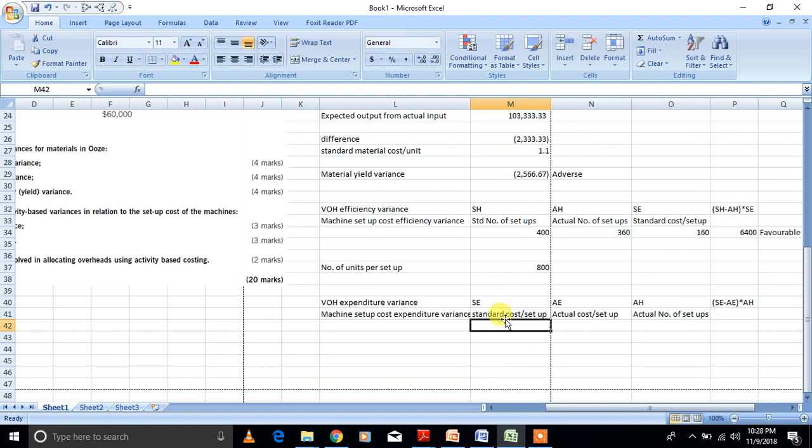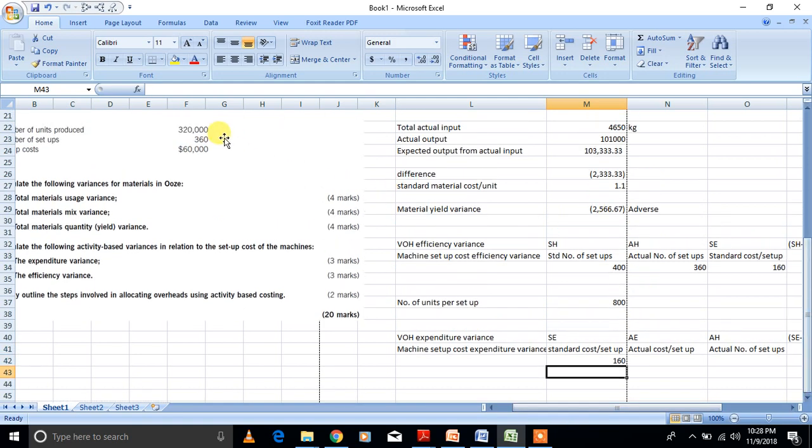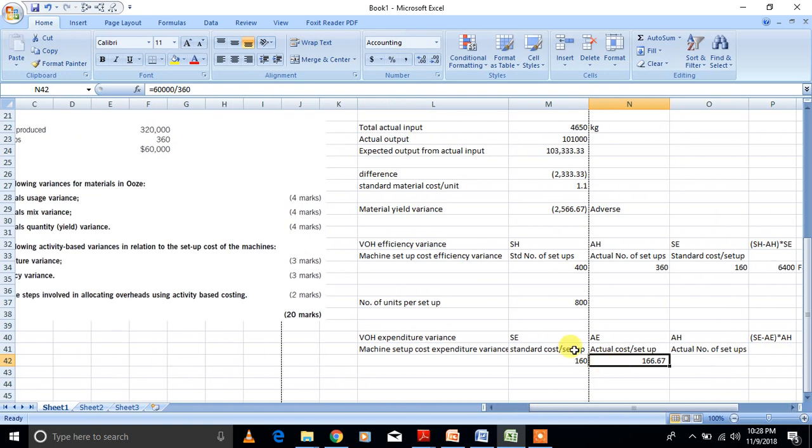Standard cost per setup, we already have it here, 160. Actual cost per setup, let me check here. For 360 setups, the cost has been $60,000. So 60,000 divided by 360, on average it is 166.67. So per setup you expected $160 cost, but the actual cost has been 166.67.